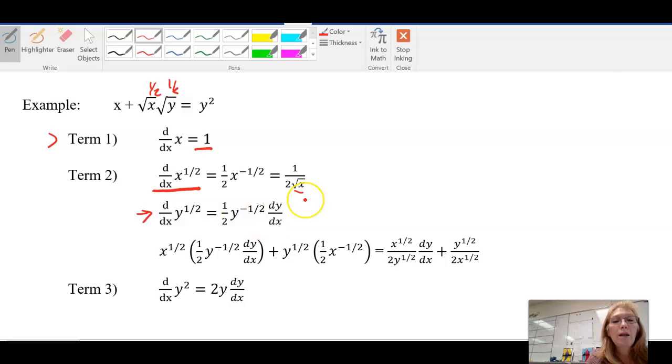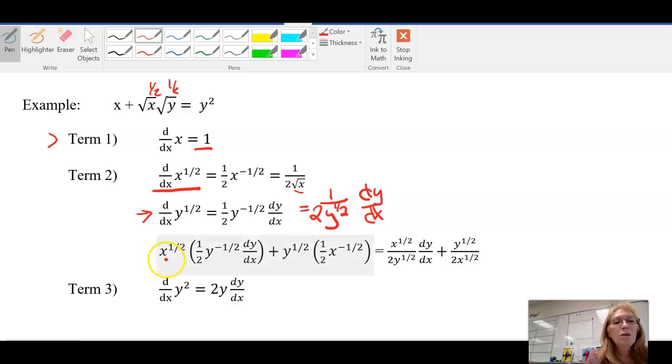Also putting the y in the denominator, or we can leave it. Doesn't really matter. I actually prefer these as fractions. It's a little bit easier to work with. But this is equal to 1 over 2 y to the 1/2 dy dx. Okay, now we have to do our product rule.